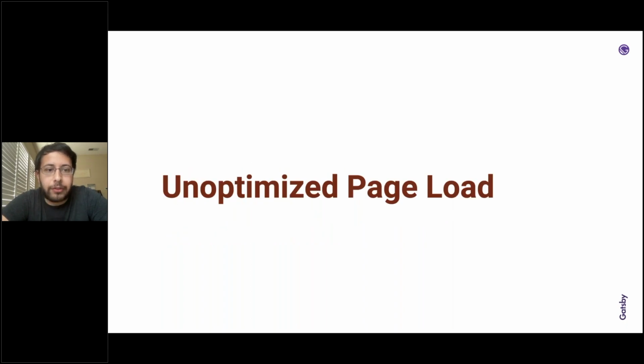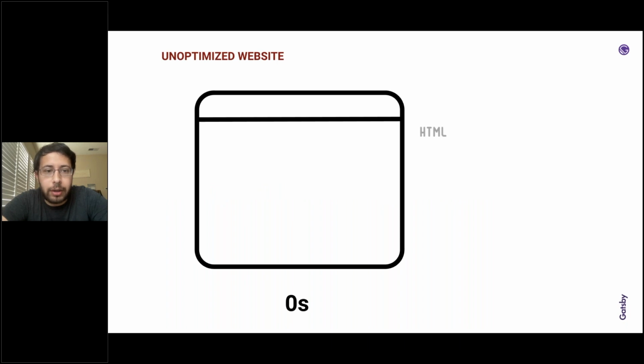So let's start with this unoptimized page load. When the page starts loading, you'll see that it's starting to stream HTML. At 1.5 seconds here, the HTML comes in. But the way this page is structured, it's not structured to allow it to start loading.